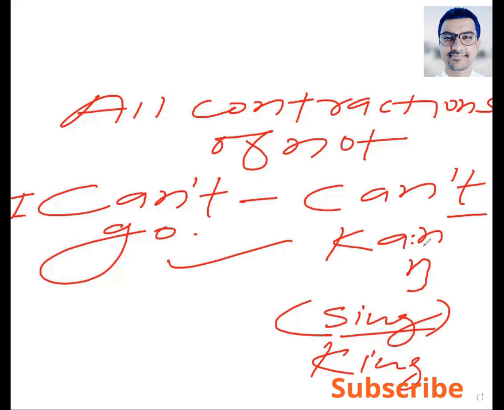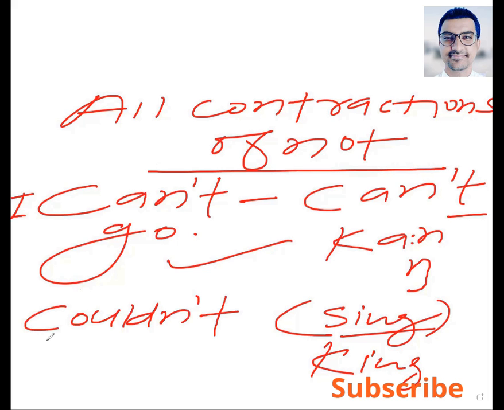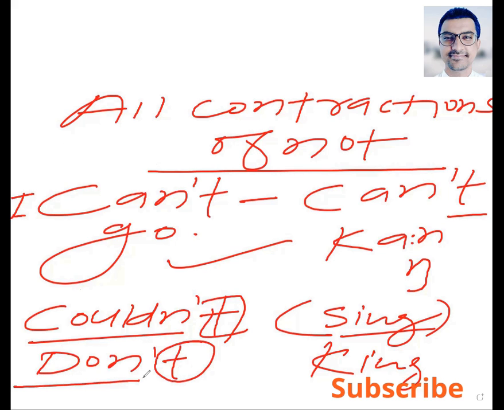Okay, I do have more, because I'm talking about all the contractions of not. So I'd like to give you more examples. I think you can see it. Couldn't. You can drop this one. Couldn't.